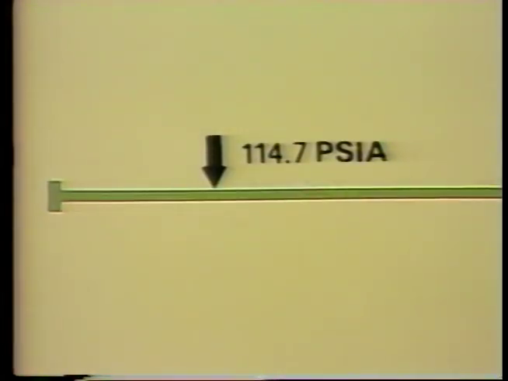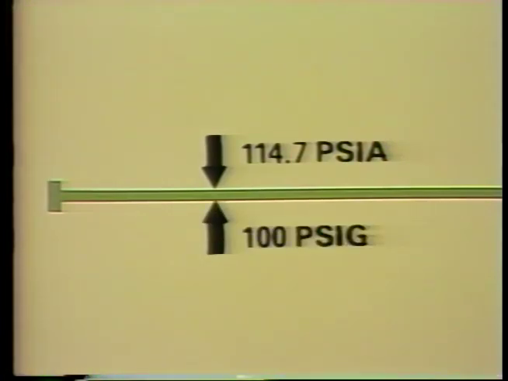Suppose you have a pressure gauge at sea level that is indicating a reading of 114.7 PSIA. If you want to convert the reading to gauge pressure, you subtract atmospheric pressure. At sea level, the equivalent value on the gauge scale is 100 PSIG. Let's try this example. Another gauge is indicating a pressure of 200 PSIG.